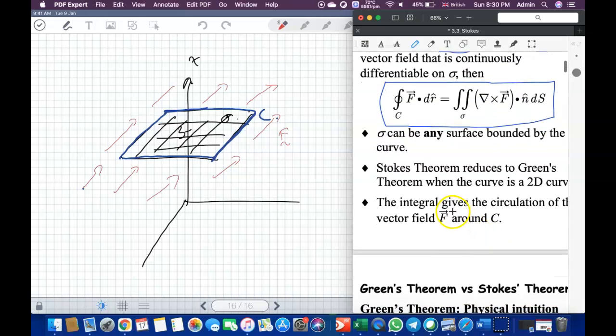So what does the integral give? The left is the line integral, the right is the surface integral. This integral gives you the circulation.